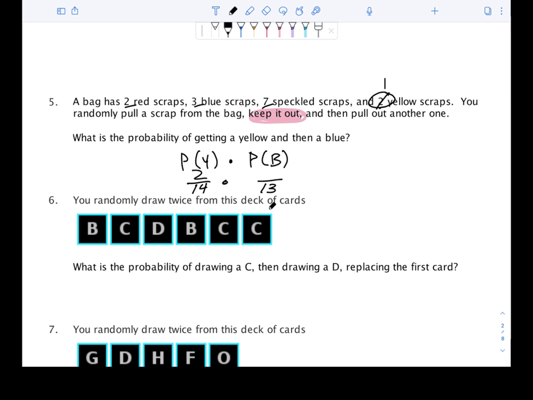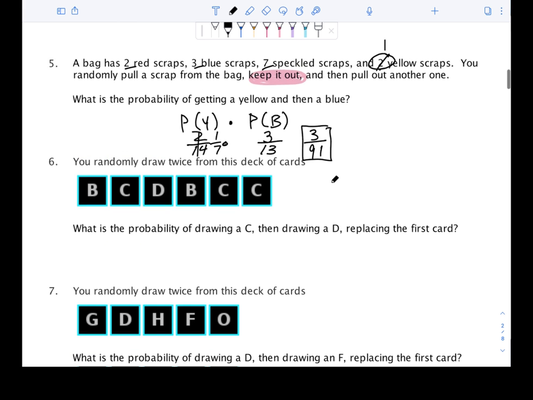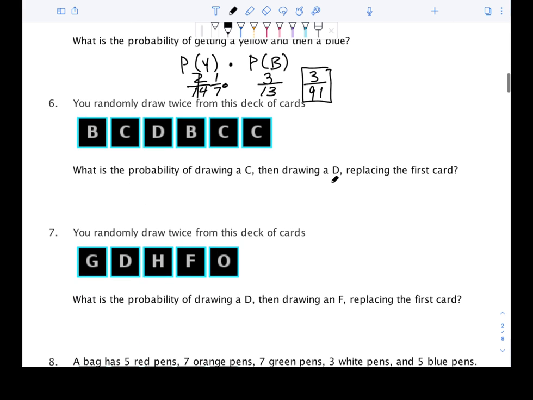And there's 3 blue scraps in the bag, so 3 out of 13. I'm going to reduce this. This is 1/7. 1 times 3, it's 21 and 91. So 3 and 91. I'm doing all the math in my head, so if you see that I make a mistake, double check it with a calculator. Okay, but I'm doing it pretty quick.